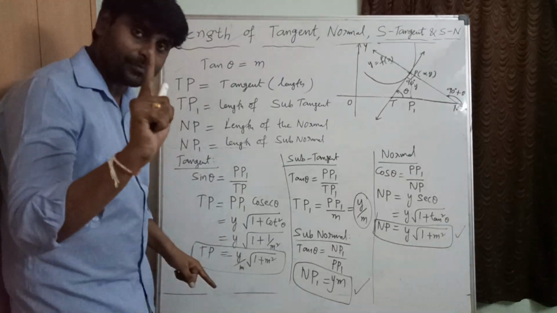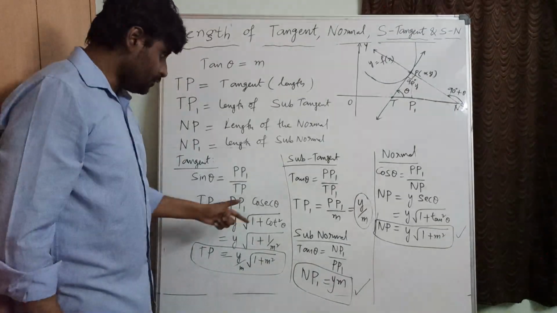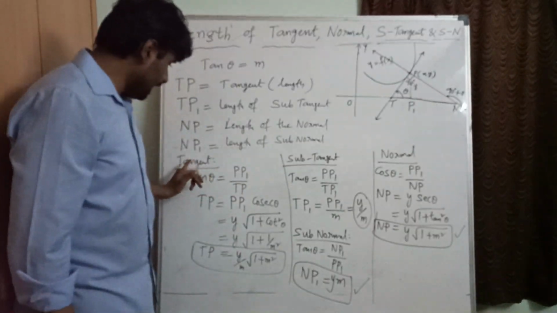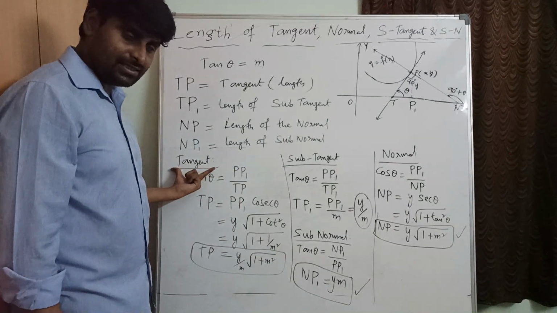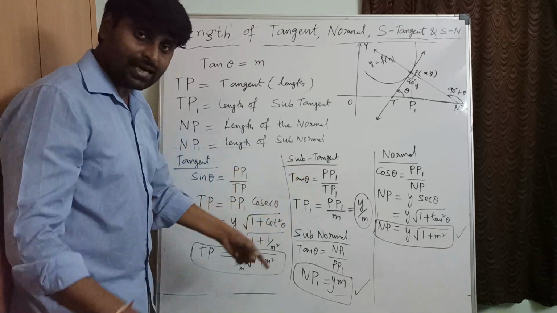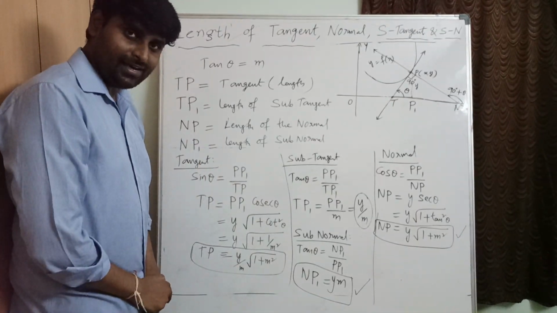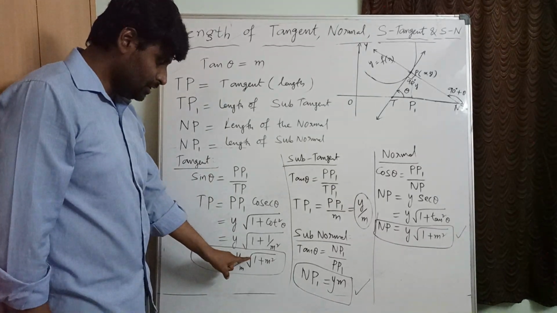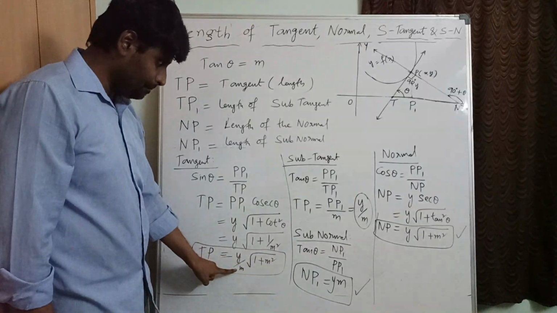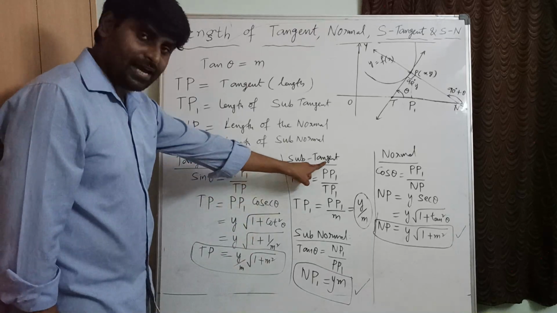Remember this one similarity: whether it is the formula for length of tangent or subtangent, it is a fraction. So length of tangent is y into root 1 plus m square by m. And what is subtangent?